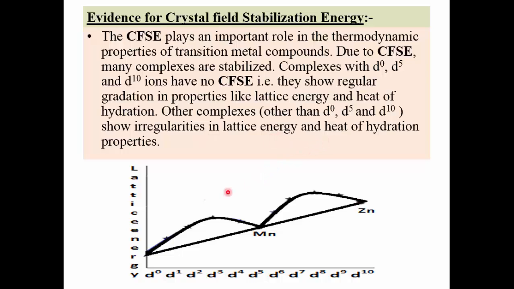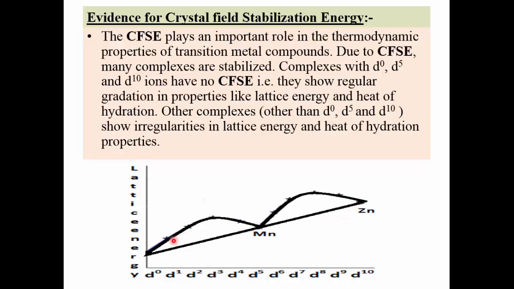Let us see with the help of a graph. On this axis there is lattice energy and on this axis there are the systems d0 to d10. See this graph. This is the point for d0, this is the point for d5 and this is the point for d10, that means zinc. Here we see that for these systems d0, d5 and d10, the lattice energy increases regularly.